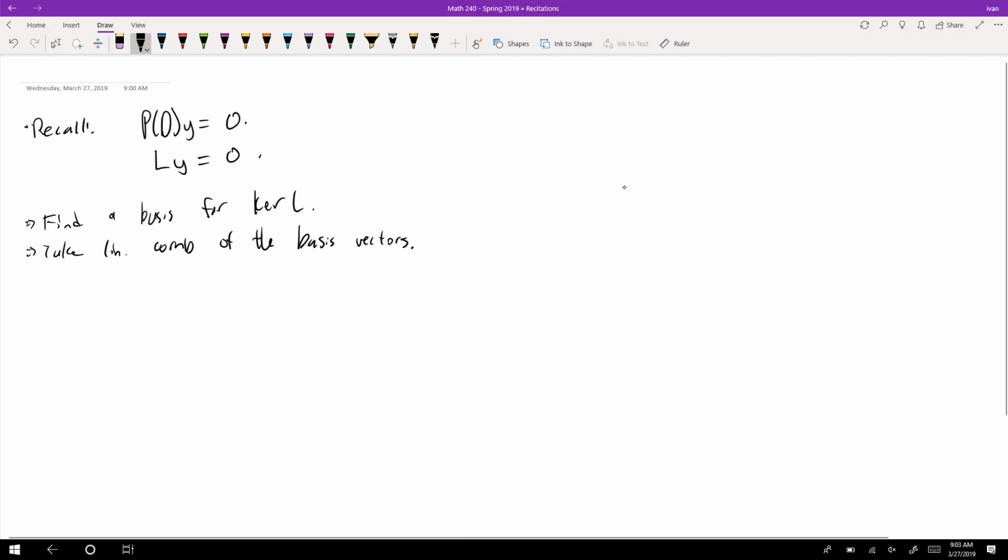Okay, so that's what we did last week. This was essentially the homogeneous solution, so this is essentially a homogeneous ODE.